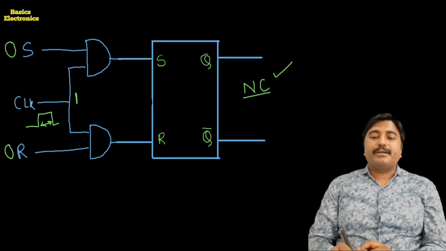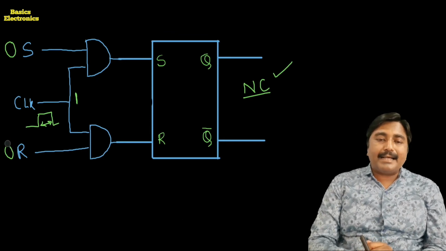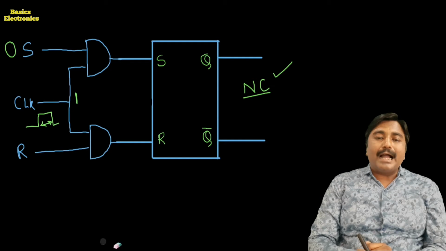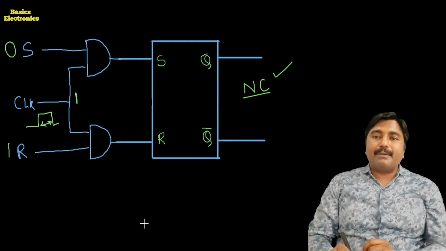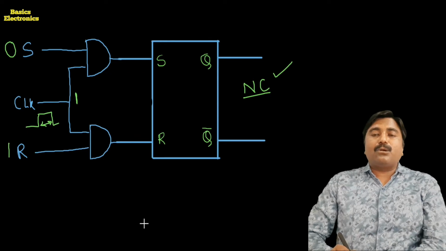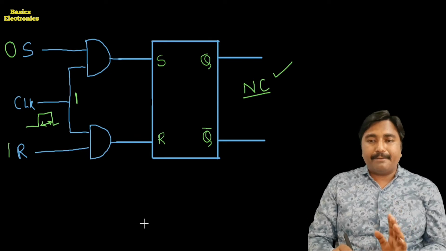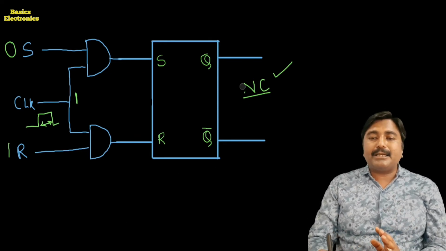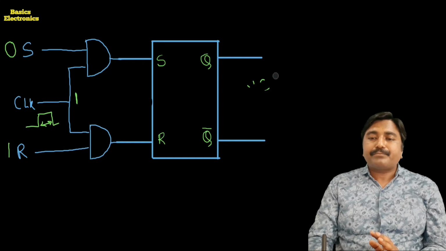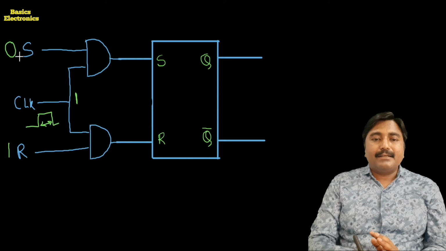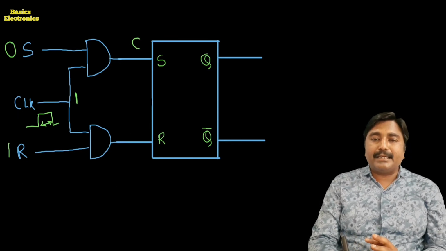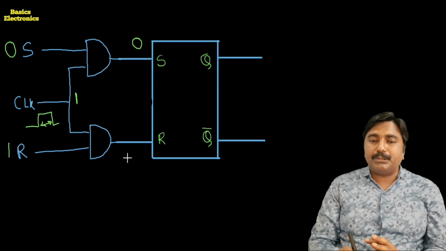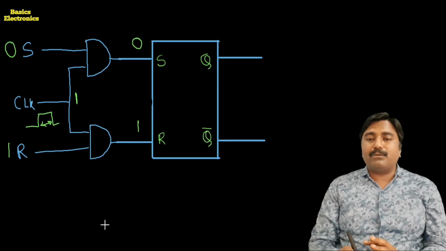Now suppose the S input is equal to 0 and the R input is equal to 1, and the clock pulse is in its high time period, clock pulse equal to 1. The inputs we applied are S equal to 0 and R equal to 1.